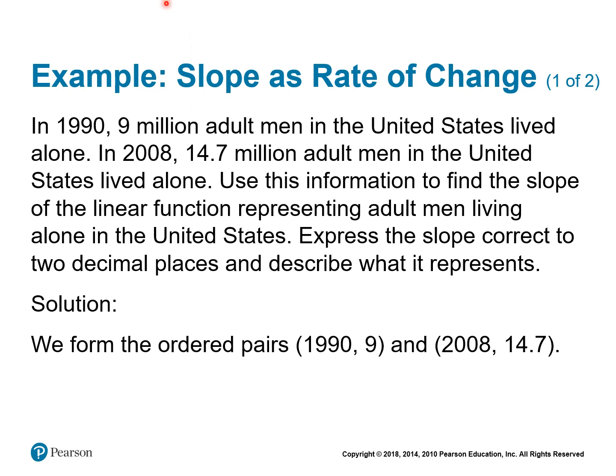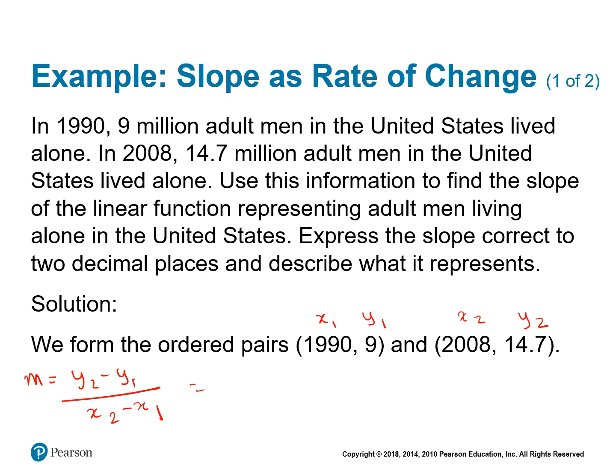we will use the formula for slope, so it will be m equals y2 minus y1 divided by x2 minus x1. So let's mark these as x1 y1 and x2 y2. And what we'll do is plug in the values.